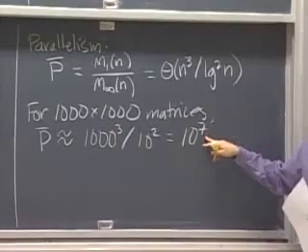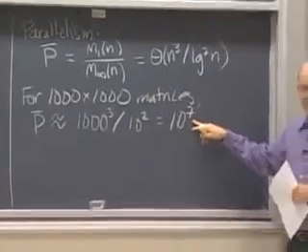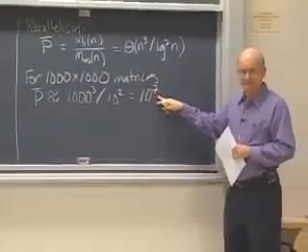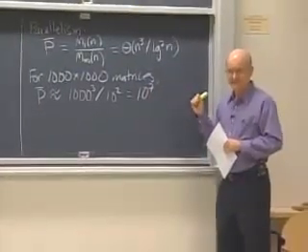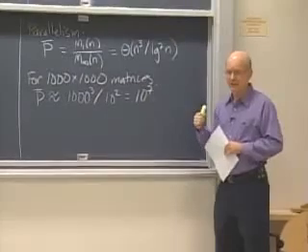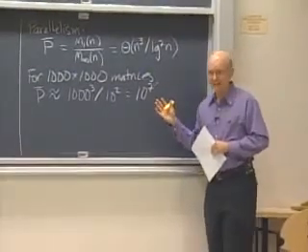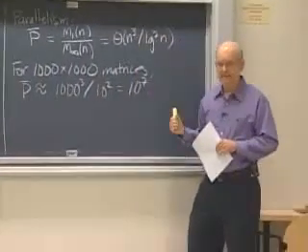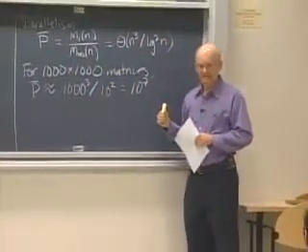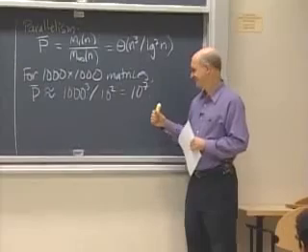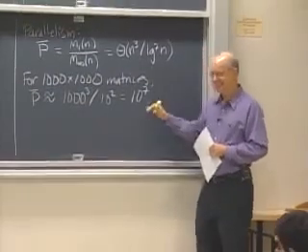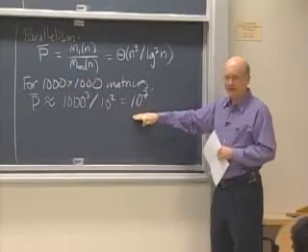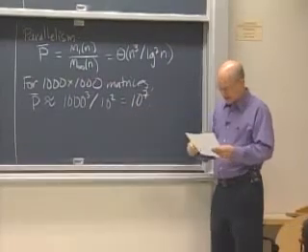So who knows of a machine with 10 million processors? What's the most number of processors anybody knows about? Yeah, not quite. The IBM Blue Gene has a humongous number of processors, exceeding 10,000. Those were 1-bit processors. So this is actually a pretty big number.